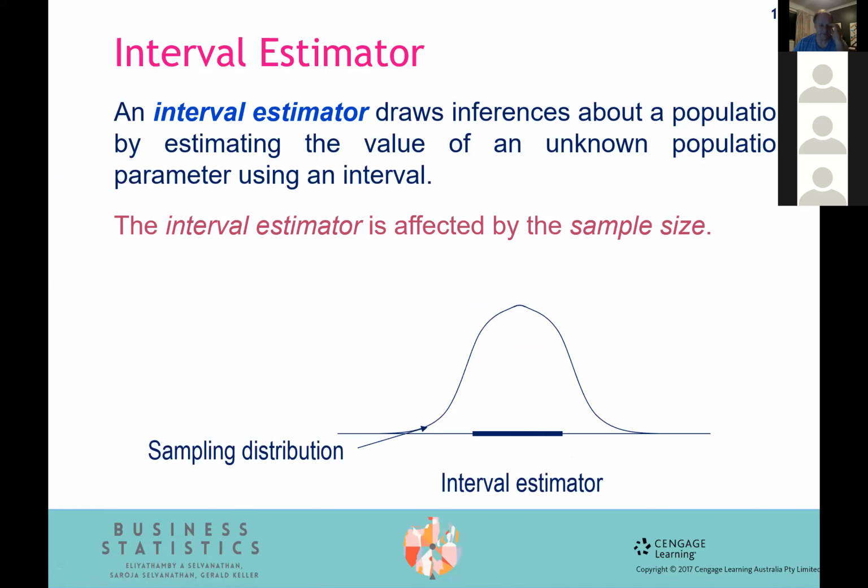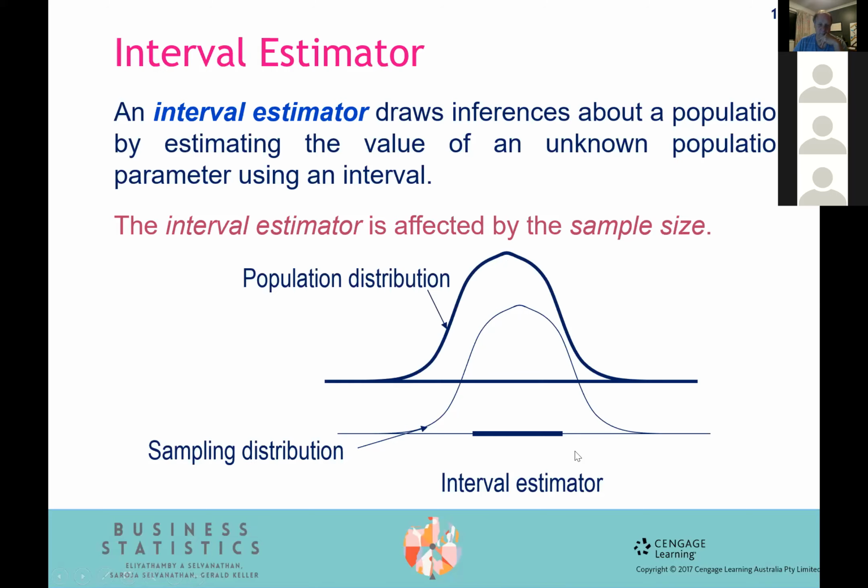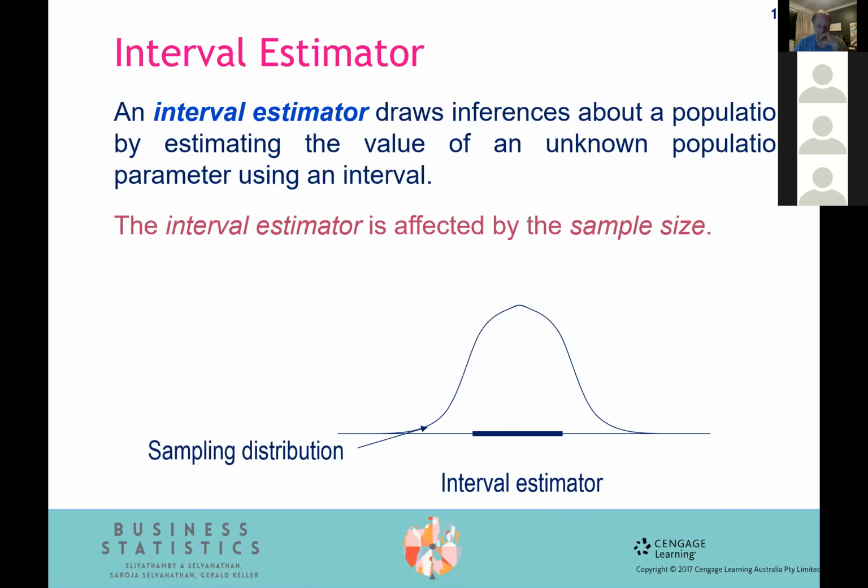The interval estimator is affected by the sample. Here I've now got an interval. I don't give a single point. I say it's between that and that. There's the population. Initially, I don't know the population, I don't know the real value.